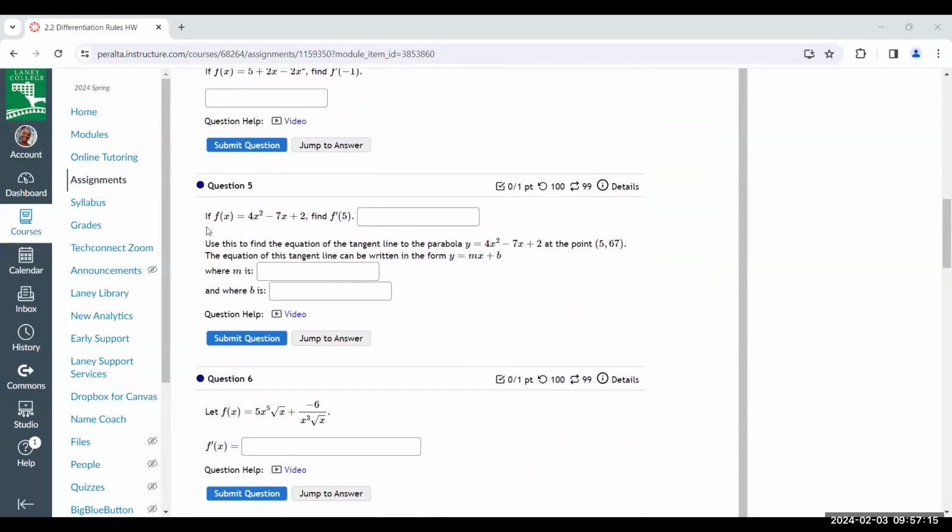Number 5 says, if f of x equals 4x squared minus 7x plus 2, find f prime of 5. So what this means, first of all, is if we're asked to find f prime of a specific number, like in this case, what you first want to do is find f prime of x.